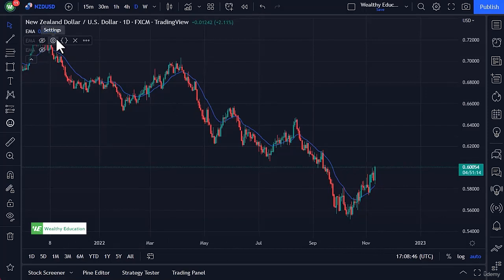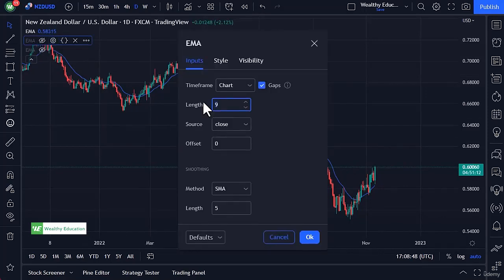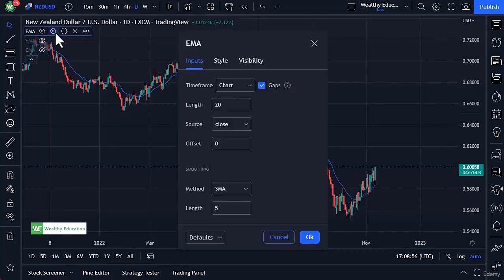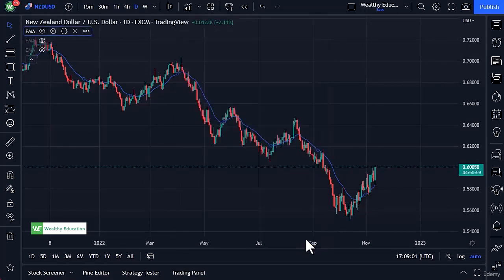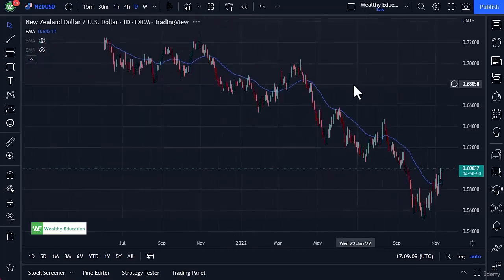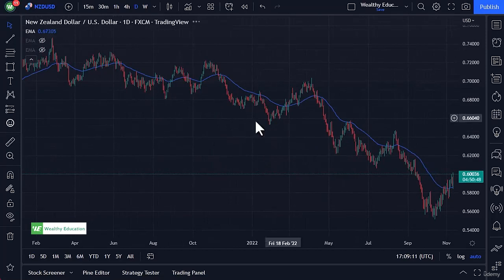Go ahead and change this to 50. Now, 50 and 200 are kind of standards that people use a lot. And the reason being is it goes back to the old Wall Street days, roughly 50 trading days in a quarter and 200 in a year. You can see that it's much slower to react.